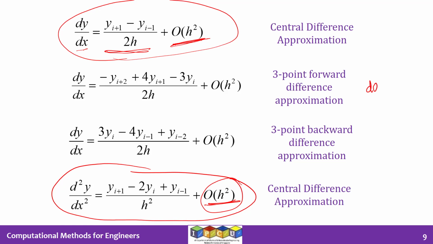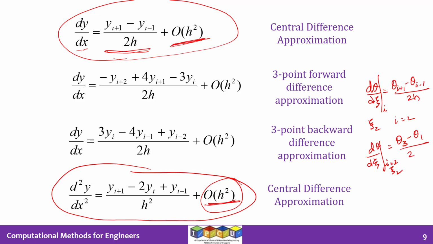So d theta by d psi will be equal to theta I plus 1 minus theta I minus 1, divided by 2h. That's what this says. And this is the derivative at node I or grid point I. So when you're applying it at I equal to 2, that means at psi 2, d theta by d psi at psi 2 is going to be equal to theta 3, because when I is equal to 2, theta I plus 1 is theta 3, minus theta I minus 1, which when I is equal to 2 is theta 1, divided by 2h.